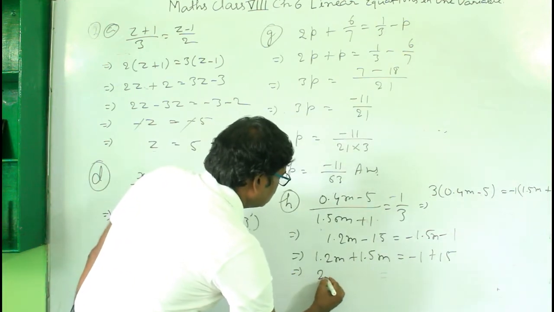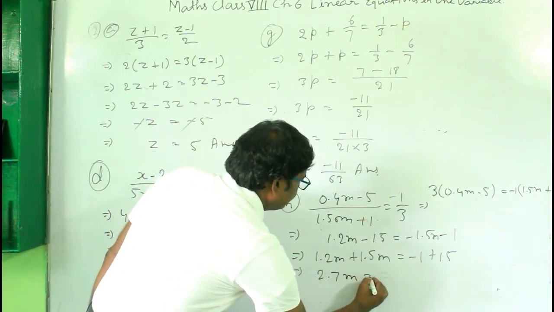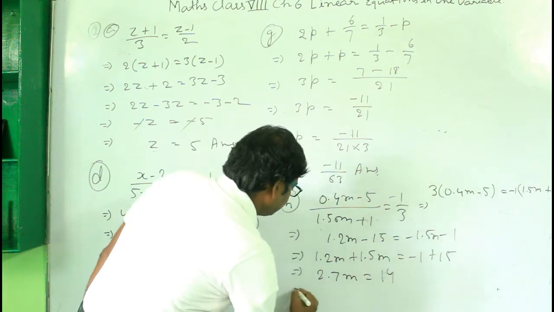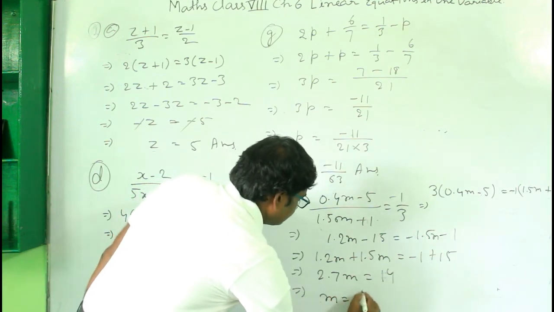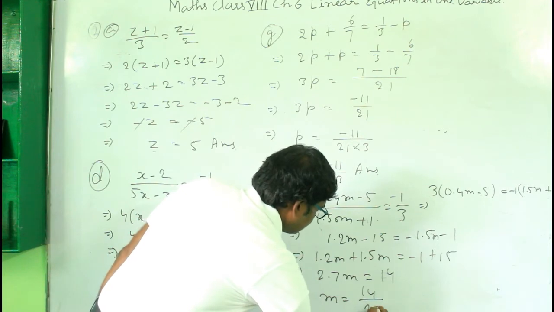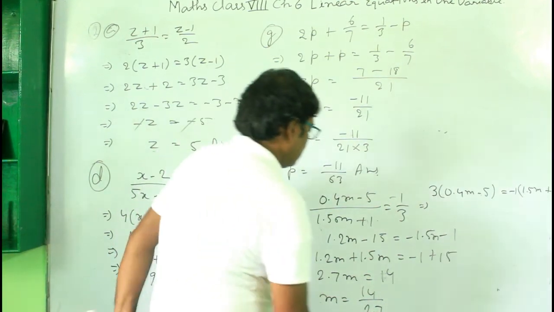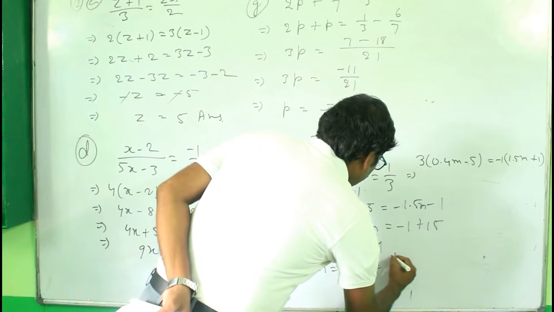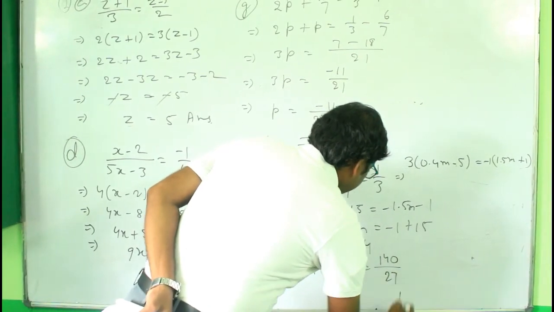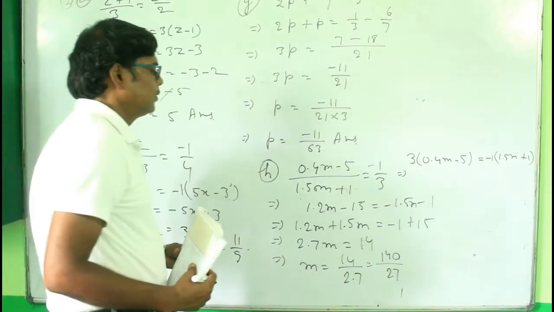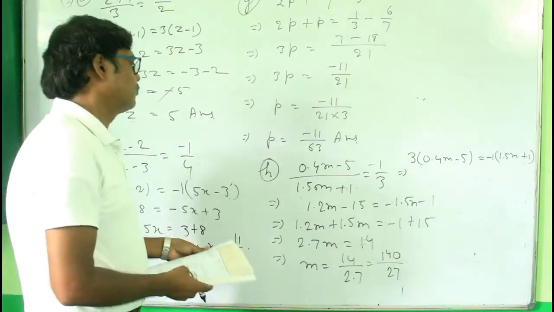So it will be 2.7m equal to 14. So it will be m equal to 140 by 27. Okay, so this is the answer of this question.